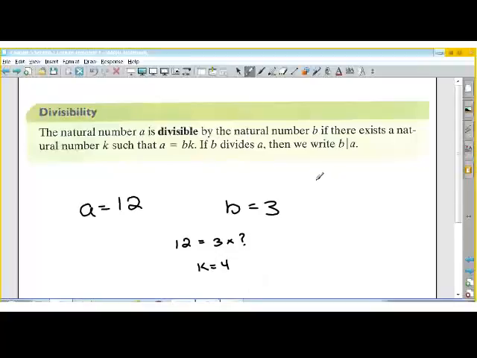The other way you can think about it from a remainder standpoint, if we take 12 and we divide by 3, we end up with a natural number. So one number is divisible by another number if the result is a natural number without a remainder. Because if we took 13 divided by 3, what we would get is 4 with a remainder of 1.